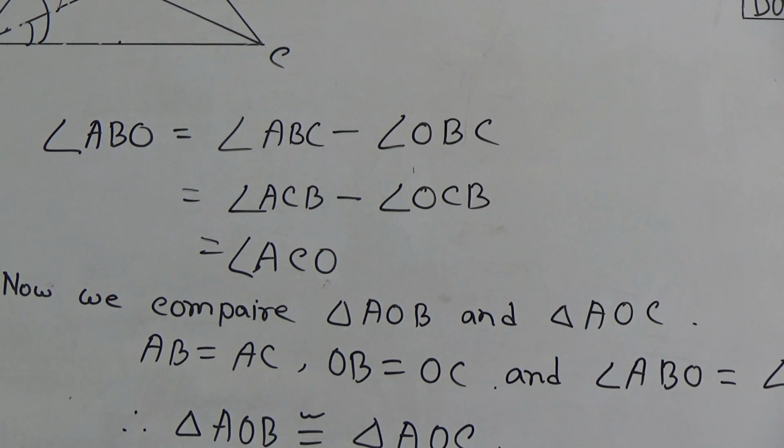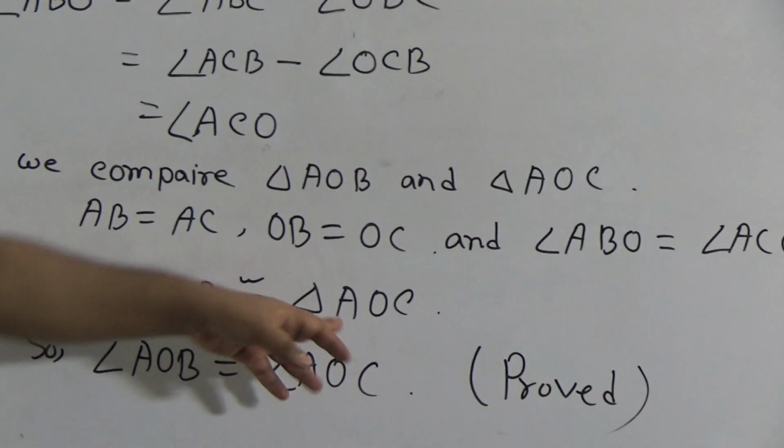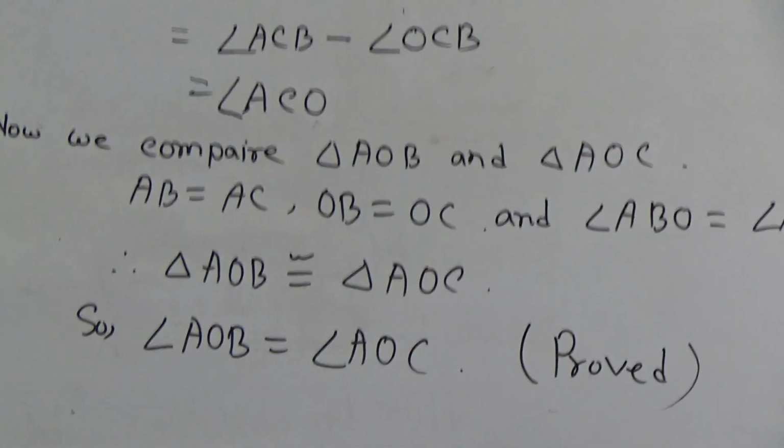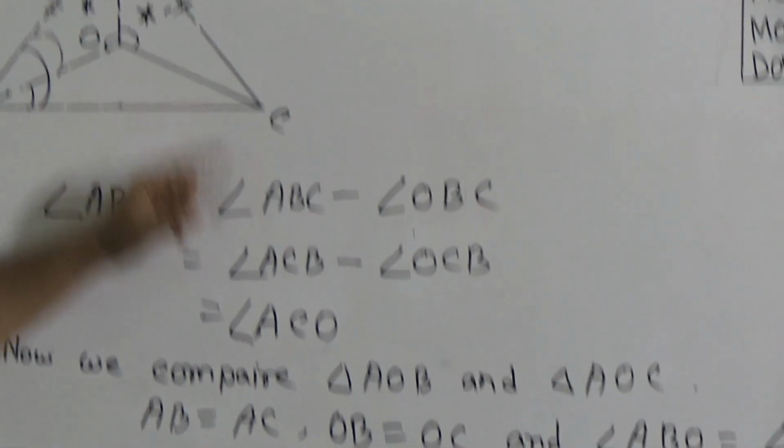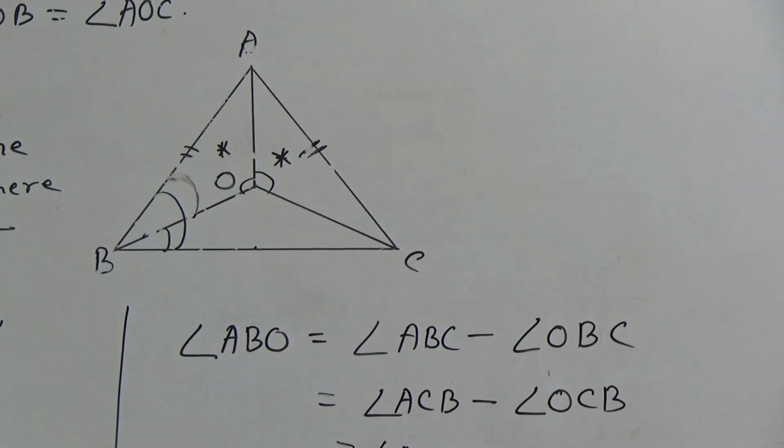By the side angle side theorem, we can write triangle AOB congruent to triangle AOC. As the triangles are congruent, we can say their included angles are equal, that means angle AOB equal to angle AOC. I hope you have understood.